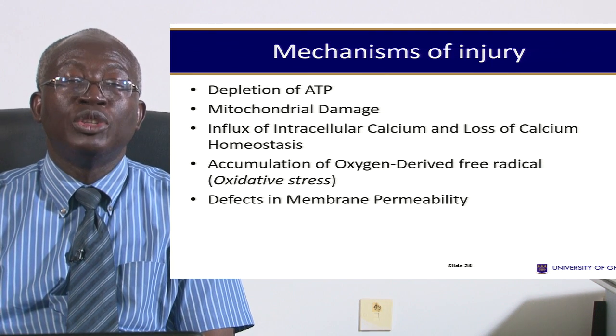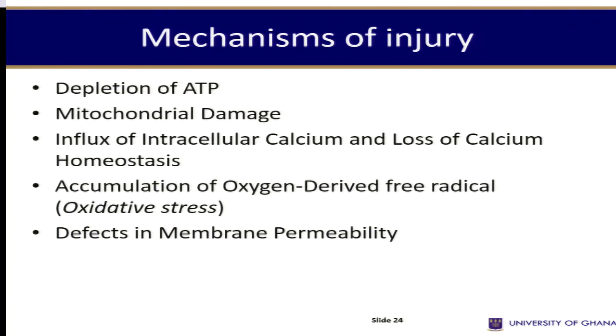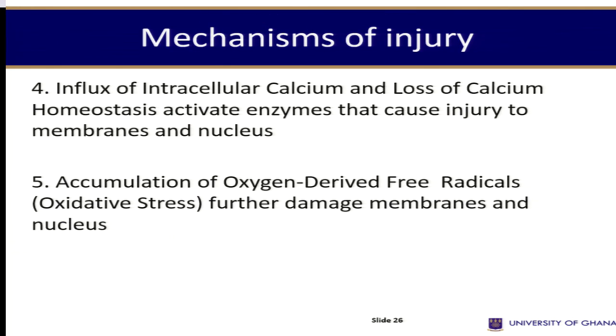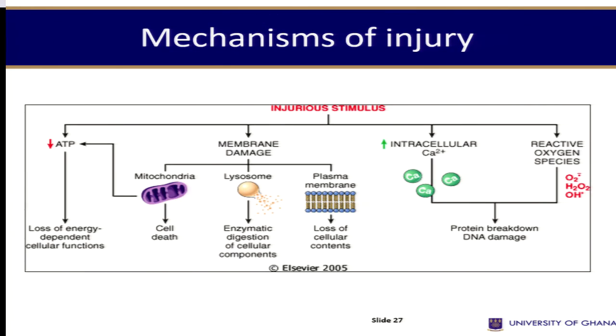Then mitochondrial damage, influx of calcium and loss of calcium homeostasis, accumulation of oxygen-derived free radicals, which is also called oxidative stress, that can lead to injury, and then defects in membrane permeability. So all these can damage the cell, and this diagram shows how the mechanisms lead to cell damage.